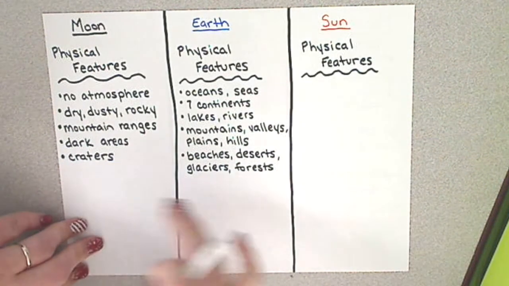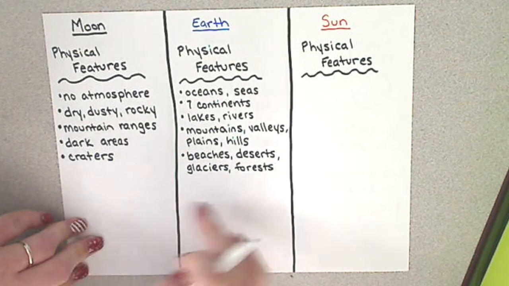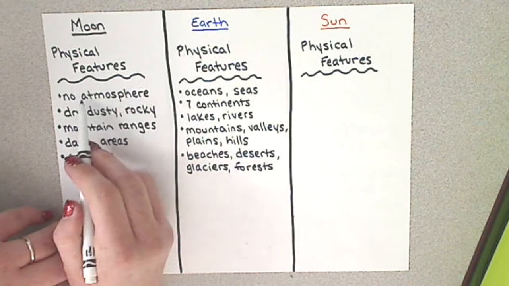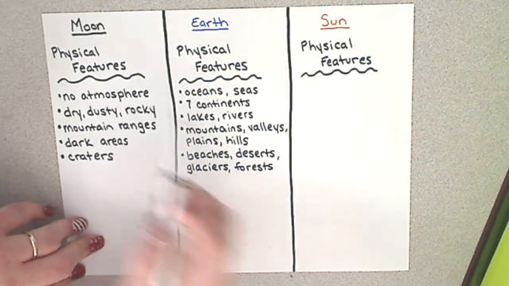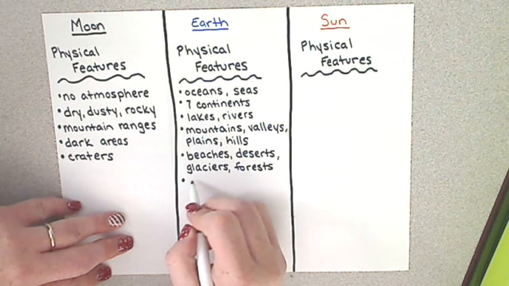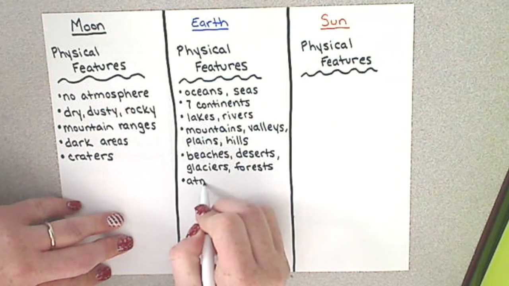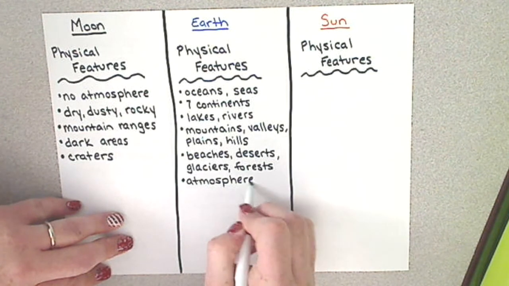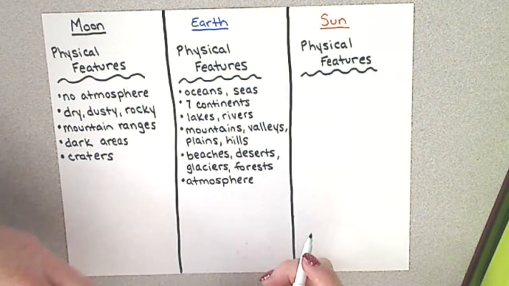So just the physical differences between the moon and the Earth are very striking. That atmosphere that we have on Earth, we can even add atmosphere, allows things to grow.